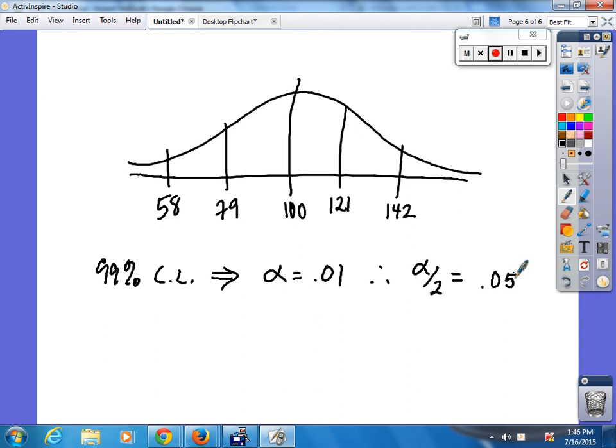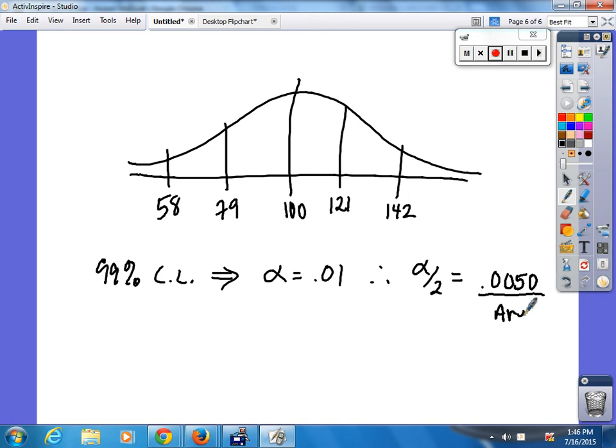5 cents, Hubert. That's right. So what's half of 1 cent? It is 0.005. So we need the z-table. Somebody go to your z-table, or somebody do inverse norm 0.0050. That's 4 digits. What is that?